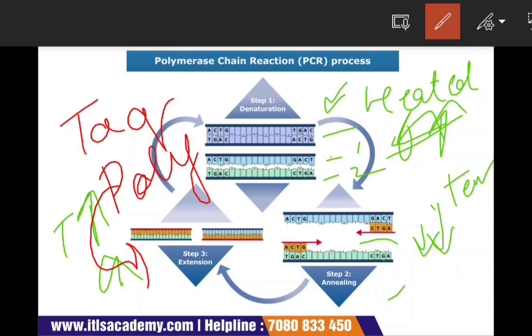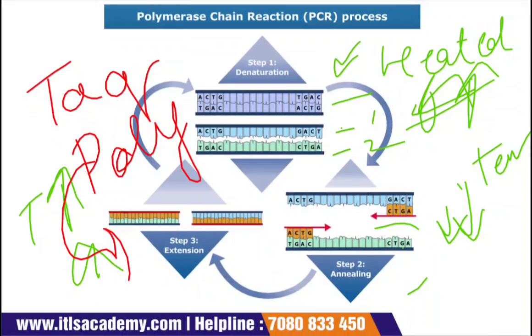Once the PCR is completed, after 20 to 40 times, electrophoresis is used to check the quantities and the size of the DNA fragments that were produced.